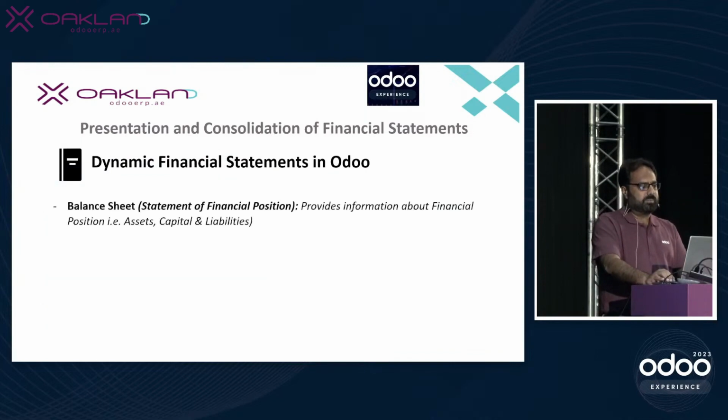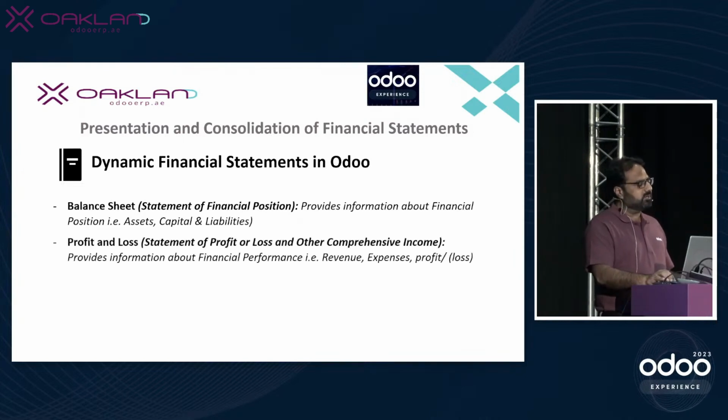What do we have in Odoo? We have the balance sheet. This is exactly the same report that is called the statement of financial position in IFRS, in which we can see the assets and liabilities of the company, meaning the financial position of the company.